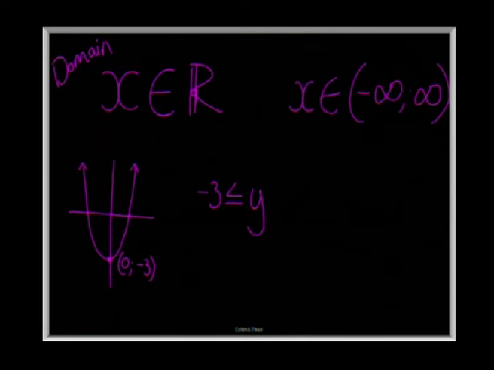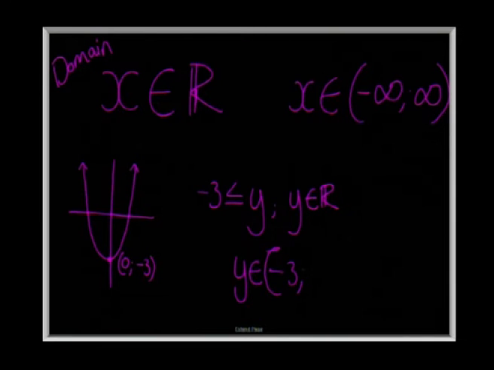Now you've also got to state that y is an element of any real number, just to say that it's true. You can also write it as interval notation, where you say y is an element of, sorry, that's meant to be square brackets, y is an element of [negative 3, infinity).